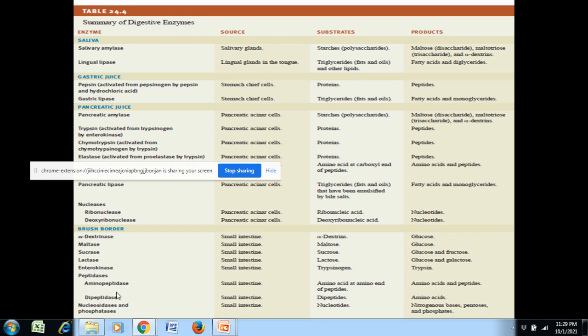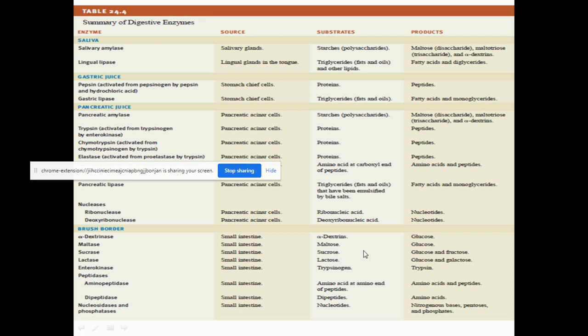There are some enzymes secreted by the brush border called nucleotidase, nucleosidase, and phosphatases. They will act upon the nucleotides and nucleosides and remove the nitrogen base, pentoses, and phosphates, converting them into individual components. So now all these are ready for absorption.